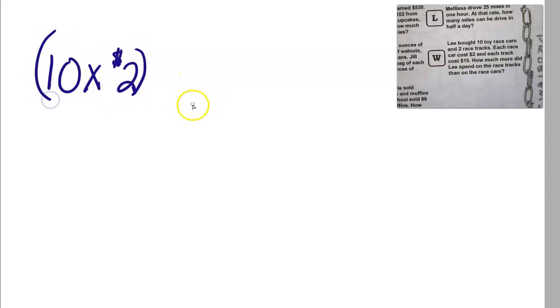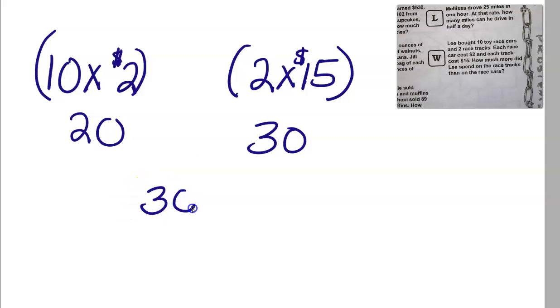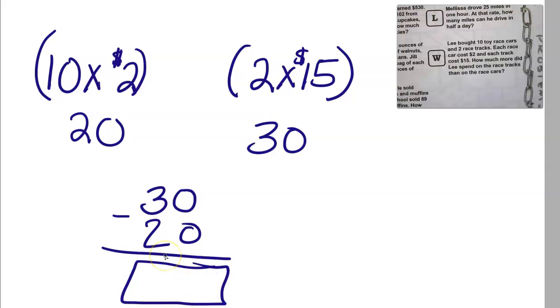I know that he bought 10 of the toy race cars that cost $2 each, which is a total of $20. And then I know he bought 2 of the racetracks that were $15 each, which is a total of $30. Now I know that 30 is more than 20, so I'm going to have to find the difference to see how much more it is to get the answer to that question.